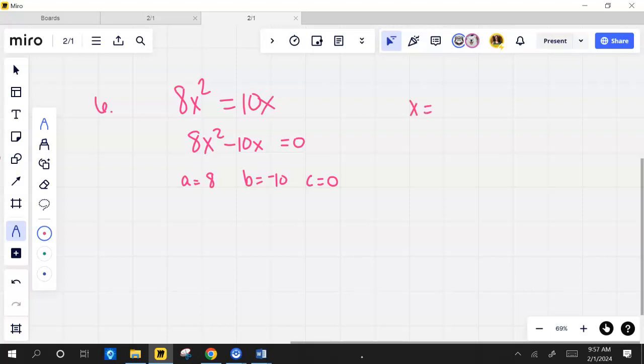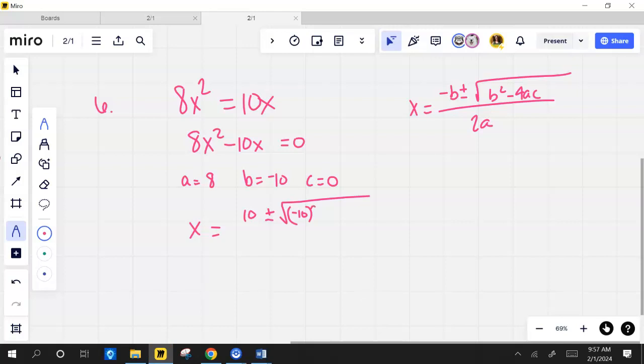All right, remember that little formula, and it's at the top of your sheet as well. All right, so x equals opposite B. What's the opposite of B? Positive 10 plus or minus the square root of B squared, so negative 10 squared, minus 4 times A, over 2A.